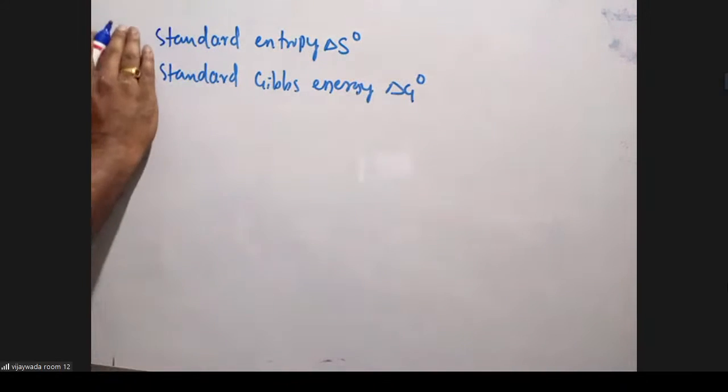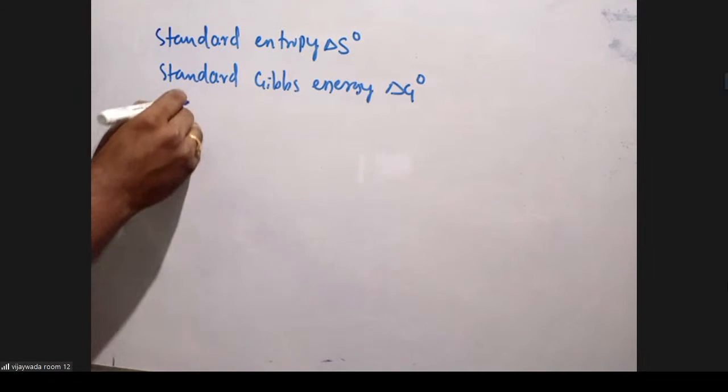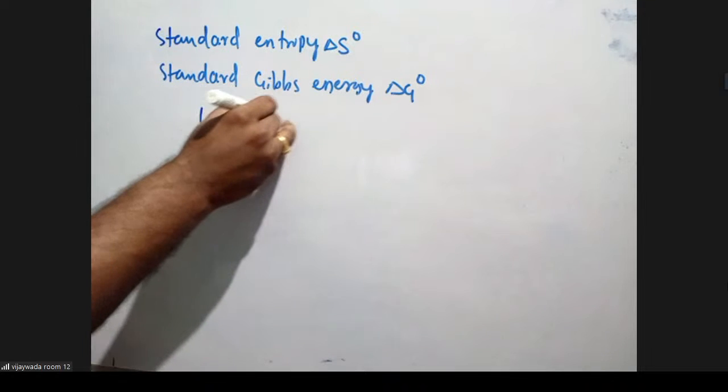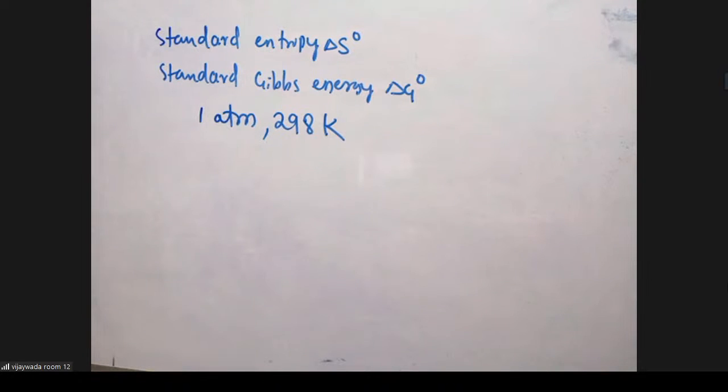If you see standard entropy, standard Gibbs energy, standard enthalpy, if you measure the entropy of the system at 1 atmospheric pressure, 298 Kelvin, that is called standard entropy, standard Gibbs free energy. The change in entropy at 1 atmosphere, 298 Kelvin, is called standard entropy, standard Gibbs free energy.